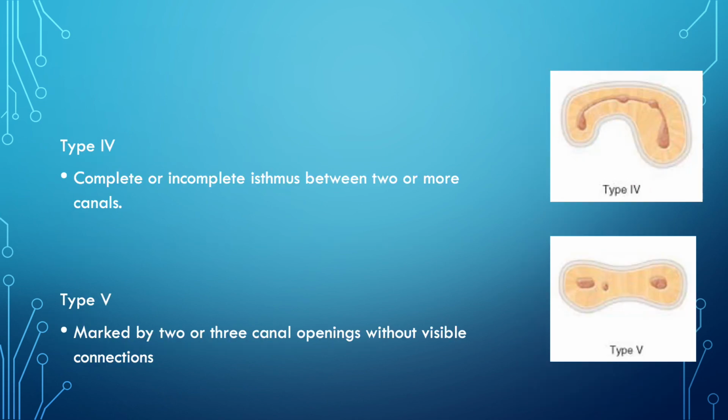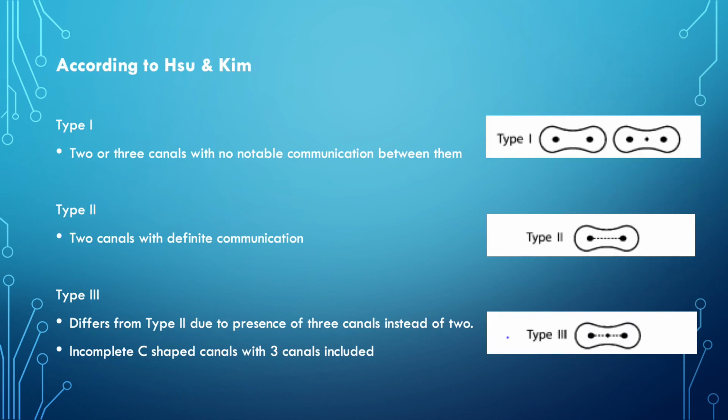Then there is type 4, which is a complete or an incomplete isthmus between two or more canals. Type 5 is marked by two or three canal openings without visible connections. So that is about the different types of isthmus.